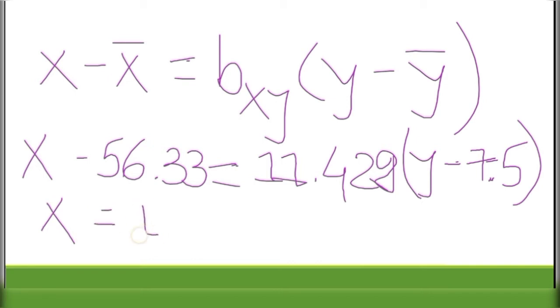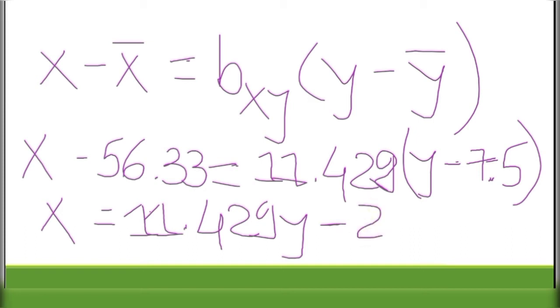So we get x is equal to 11.429 y minus 29.3875. So this is the equation of regression line of x on y. That is the regression line of performance rating on experience.